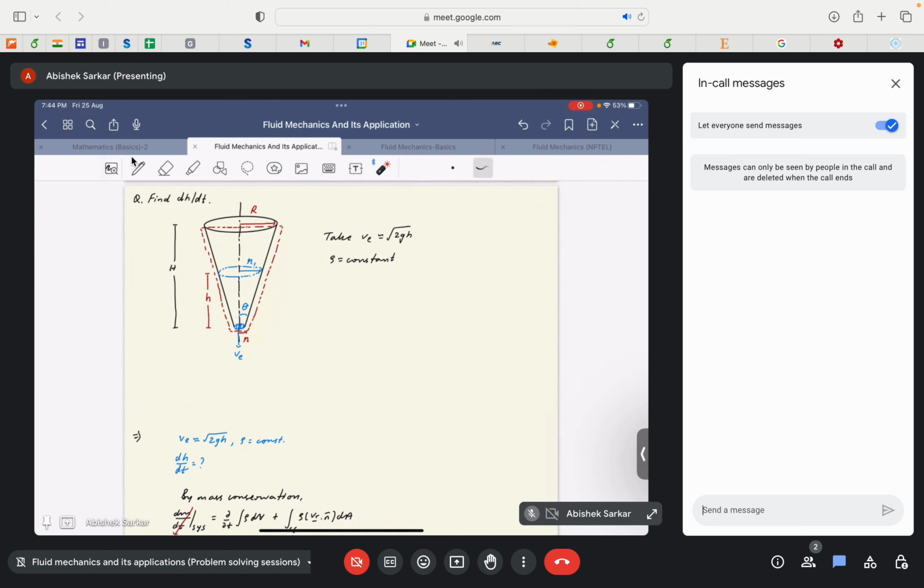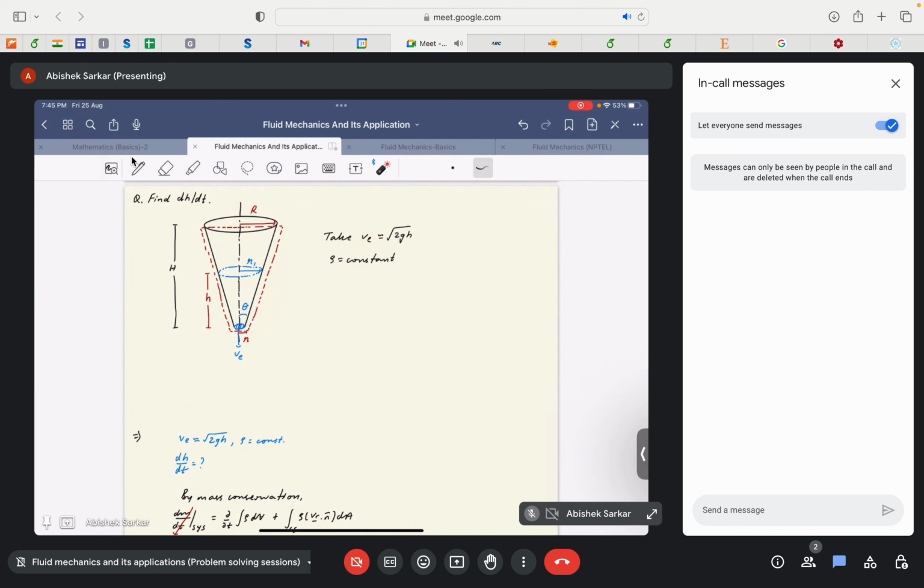It is told that v can be taken as uniform through this exit. It is explicitly mentioned that v is equal to square root of 2gl, and g is constant. And again it's given that rho is also constant.